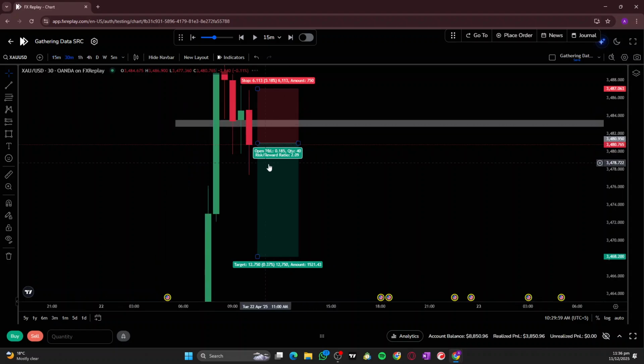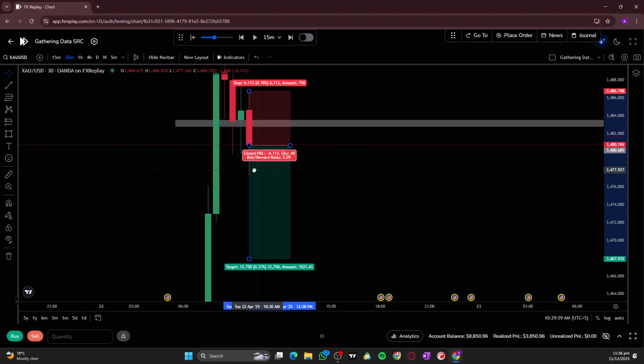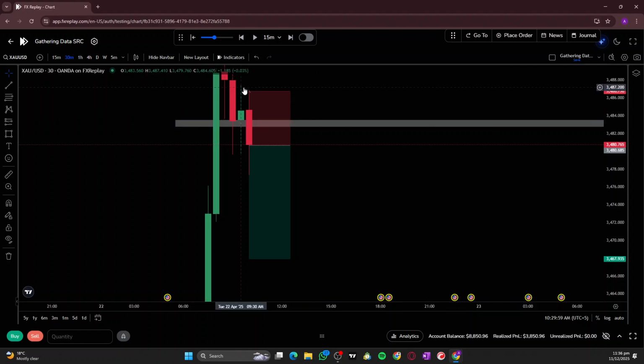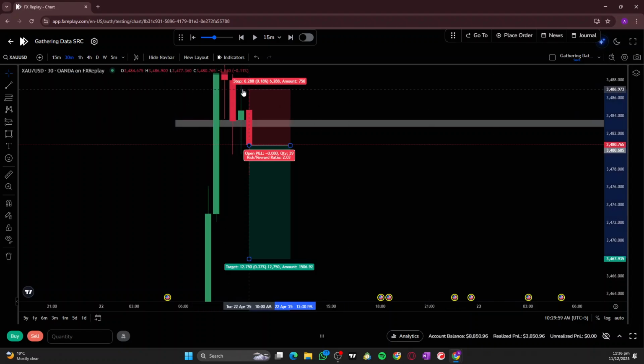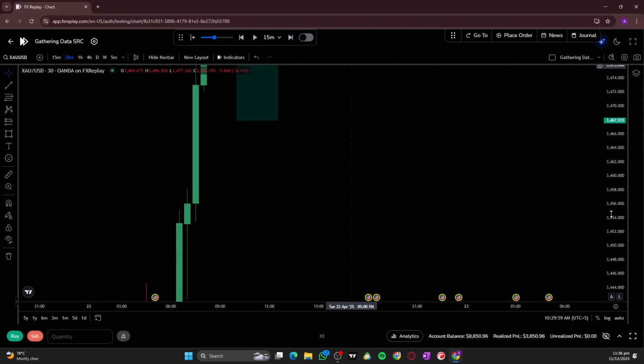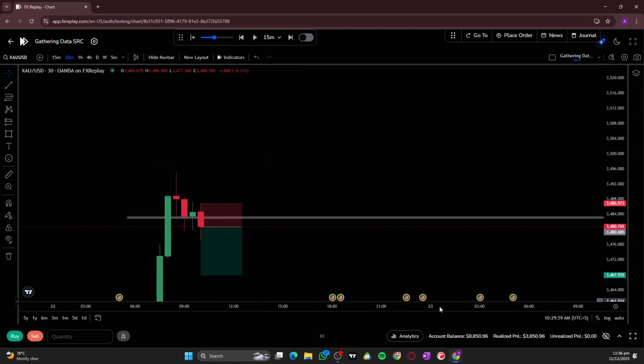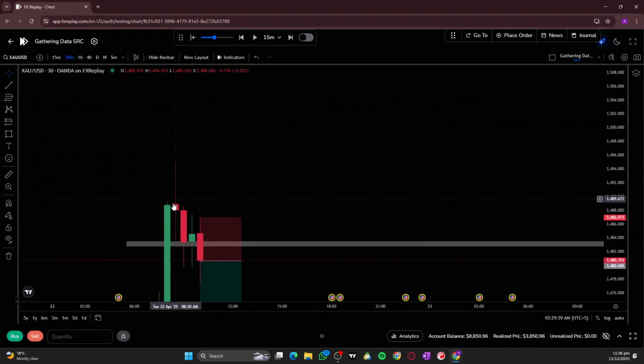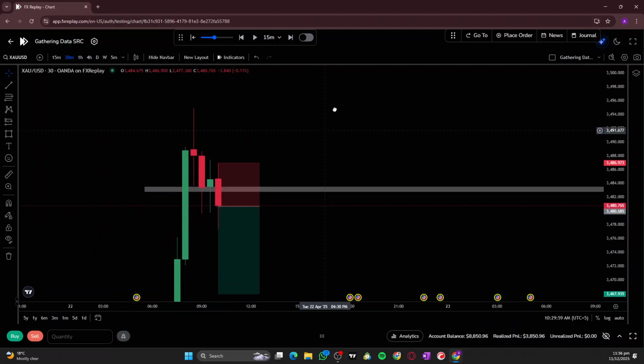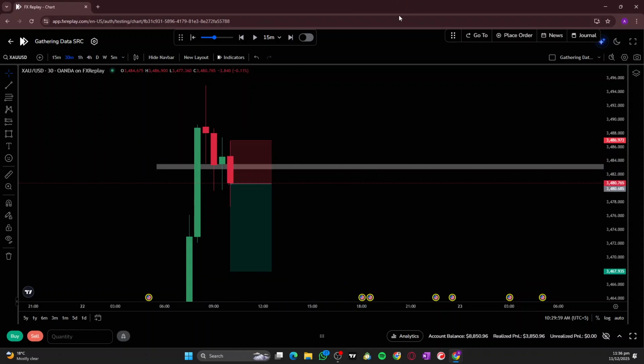Let me explain to you why I am taking a sell over here, right? I'm taking a sell over here because, to be really honest, first of all, price has been going up so much, and second, this was a resistance for consolidation. This was a support, price broke the support and closed below the support on the 30-minute.